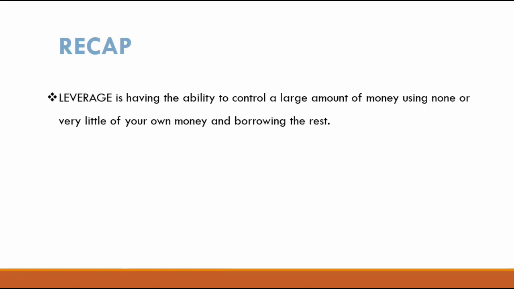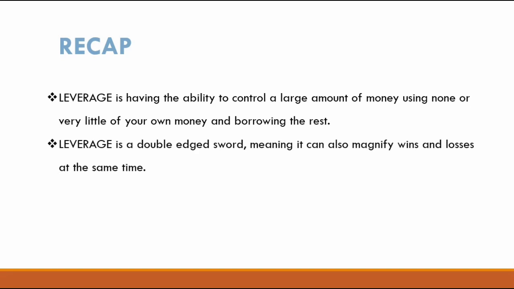To recap and sum up almost everything that we've learned: number one, leverage is having the ability to control a large amount of money using none or very little of your own money and borrowing the rest. Number two, leverage can be a double-edged sword, meaning it can magnify both wins and losses.